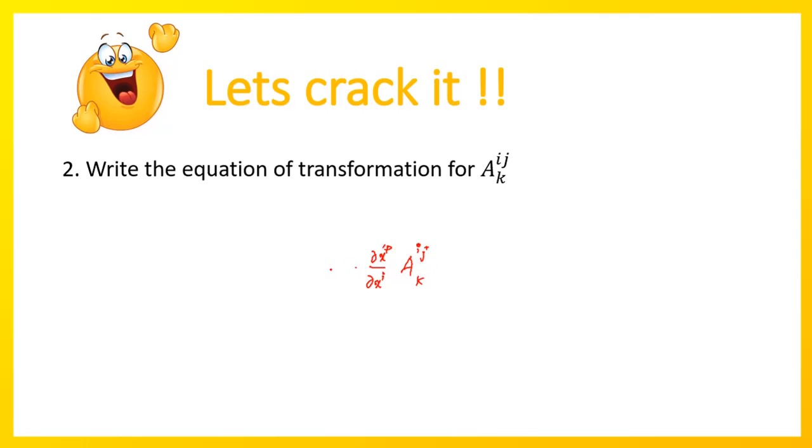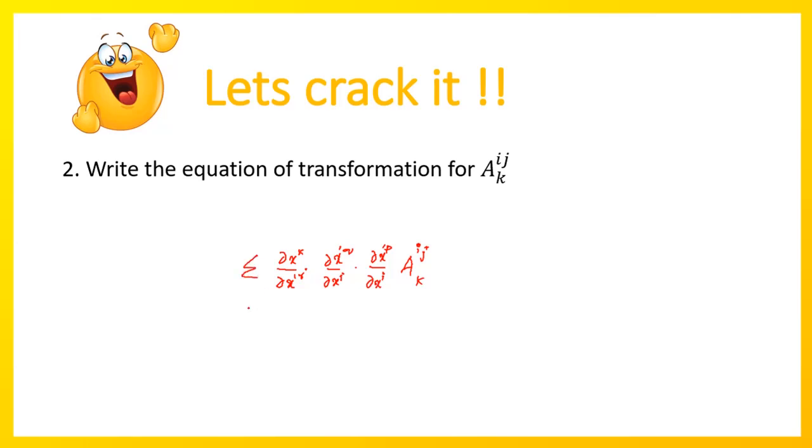Again, j varies contravariantly, so it can also be written with respect to q dash, and k varies covariantly, dou xk divided by dou x dash, say r.